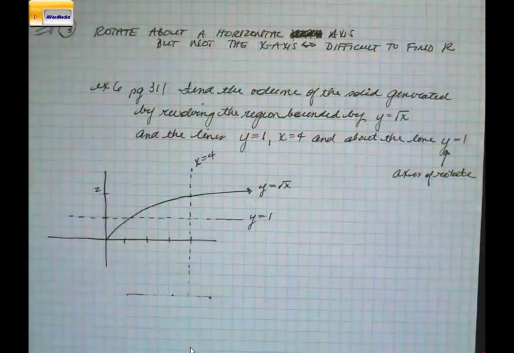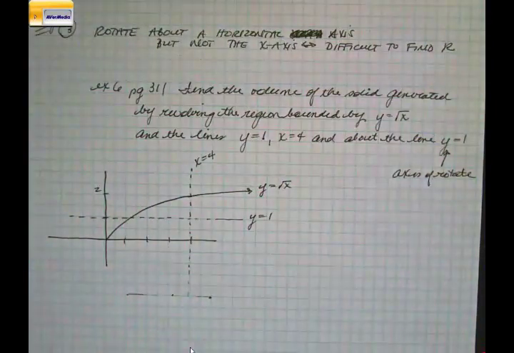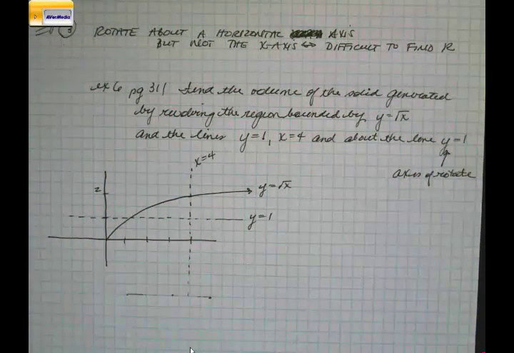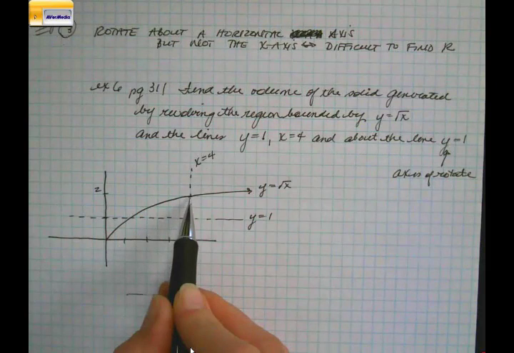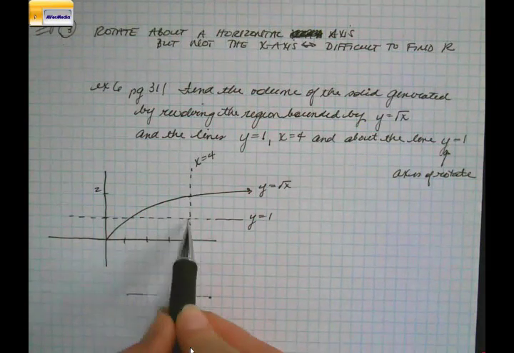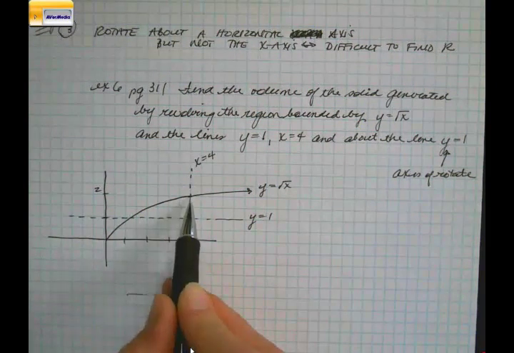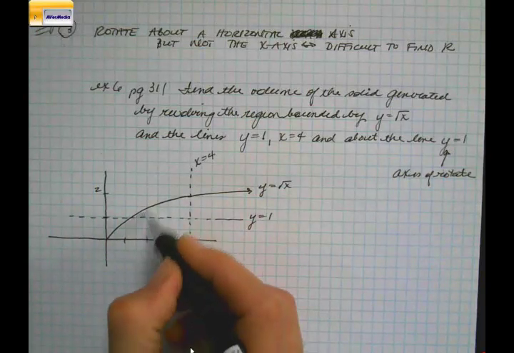So the region bounded by the curve y equaling the square root of x and the lines y equaling 1 and x equaling 4. What does that region look like? Where is that region? It is this region right here.